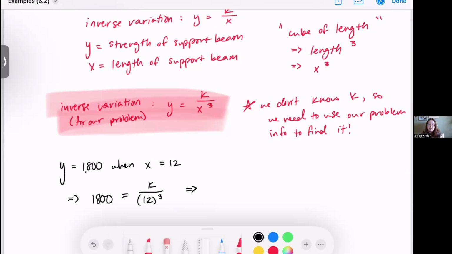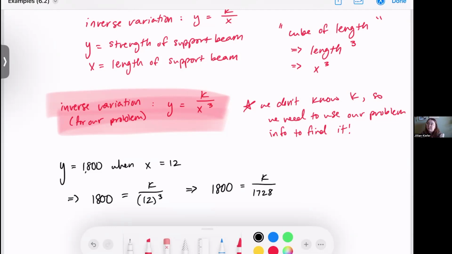The first thing we want to do is figure out what 12 cubed is. So we've got 1,800 is equal to K divided by 1728. We want to solve for K in this case.